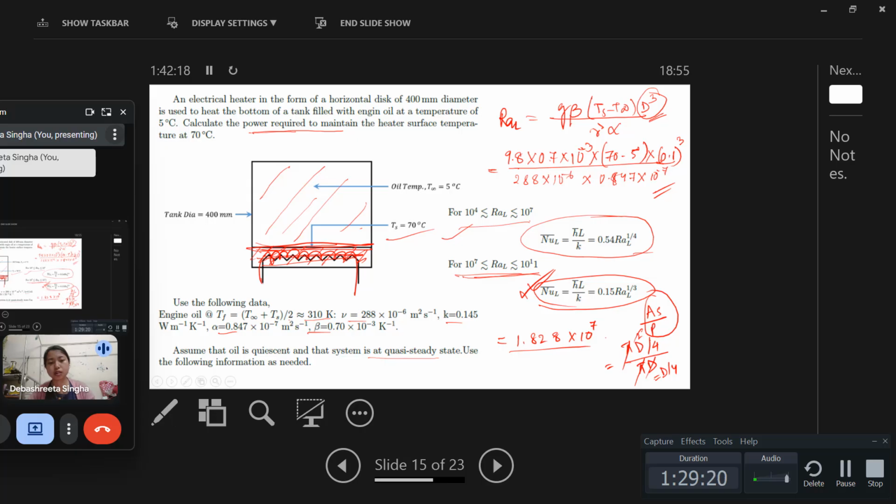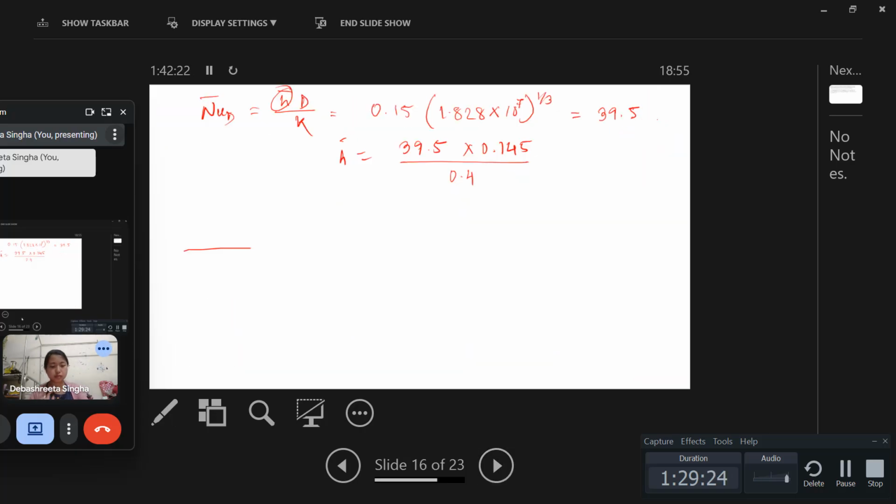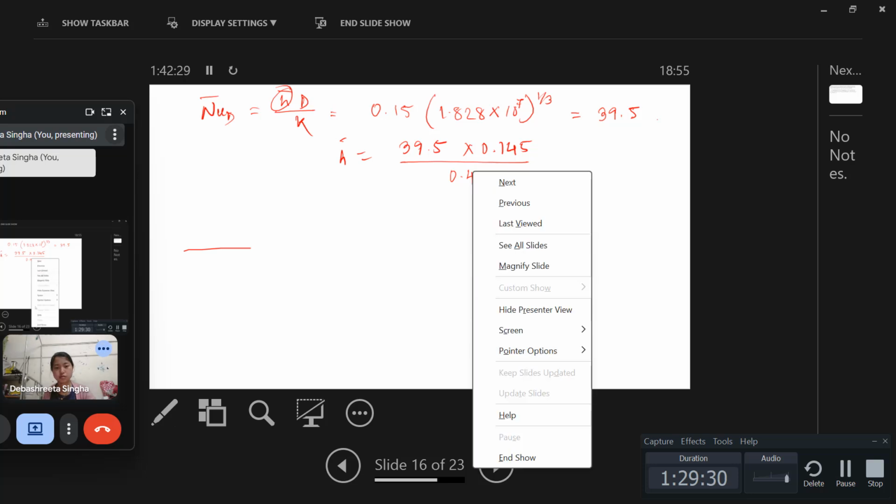Okay. So in the same way, in this also, this is also the characteristic length. So this will be 0.1.